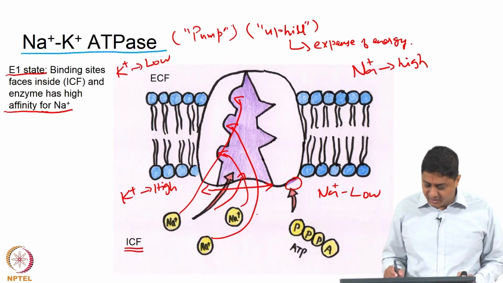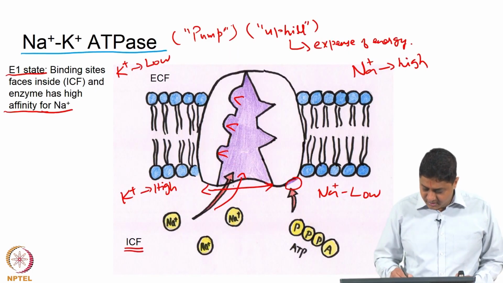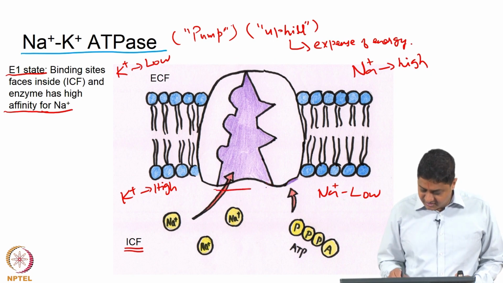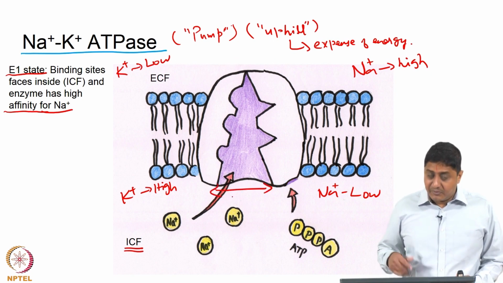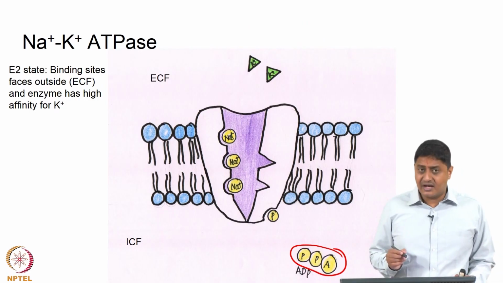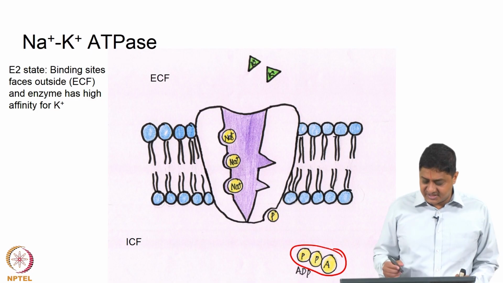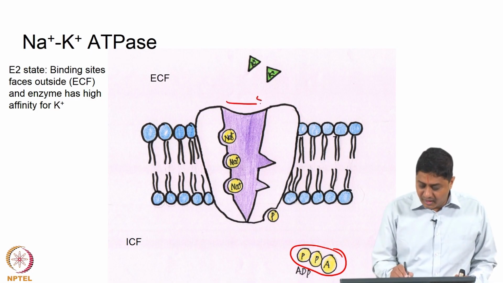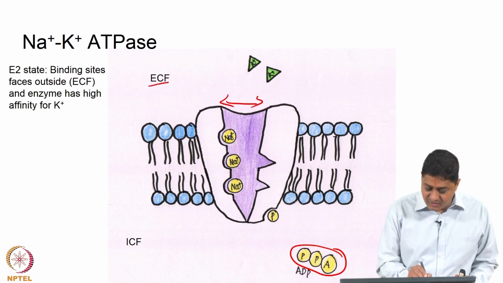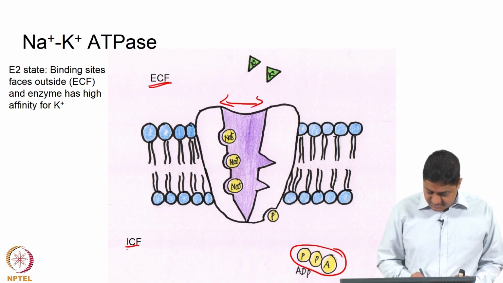Earlier, note, it was open on the inside. But once ATP attaches and the phosphate bond is broken and energy is released, it is open on the outside. Once again, this is the outside of the cell and this is the inside.